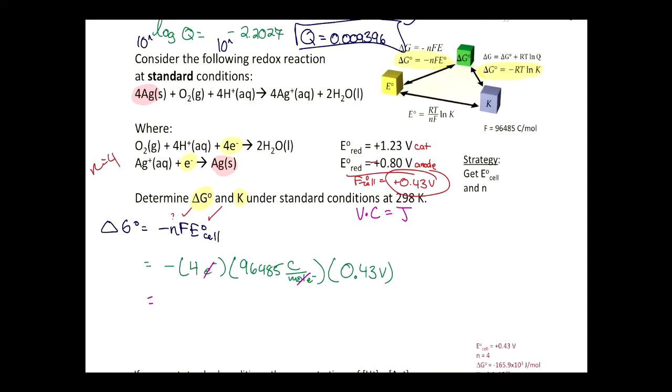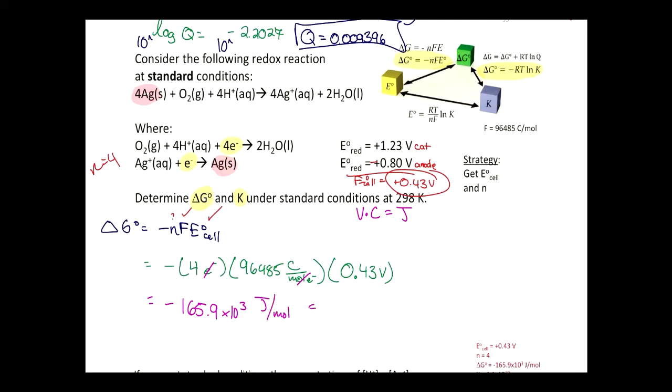All right, so when we use this delta G equation and multiply Faraday's constant by a voltage, we in fact get a joule out, just like when we typically use these delta G equations. And so I think what we get is a very large negative number: negative 165.9 times 10 to the 3 joule per mole of reaction.